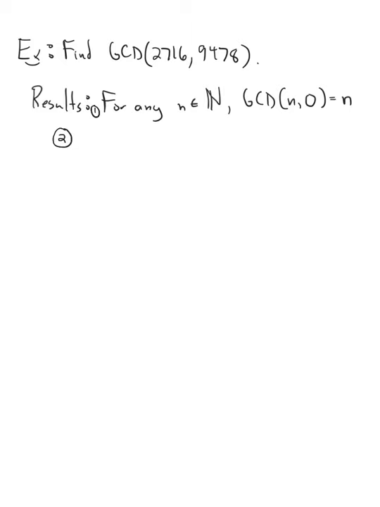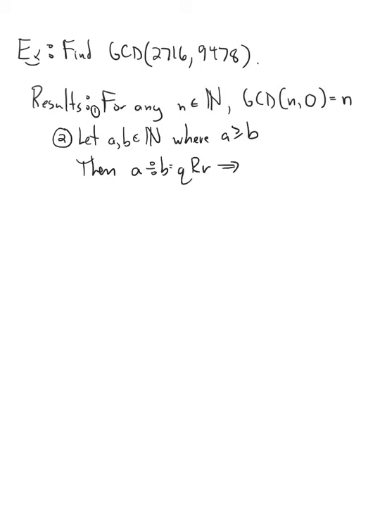If you have two counting numbers, and let's say a is the bigger one, if there is a bigger one, maybe they're the same, then you can write a divided by b as q remainder r, which is the same thing as saying a is q groups of b plus this remainder r, where, and this is going to be important to us, r is not negative, it's 0 or greater, but it's strictly less than your divisor b.